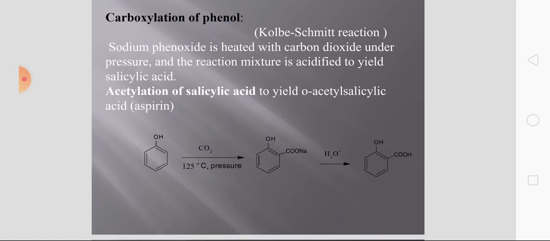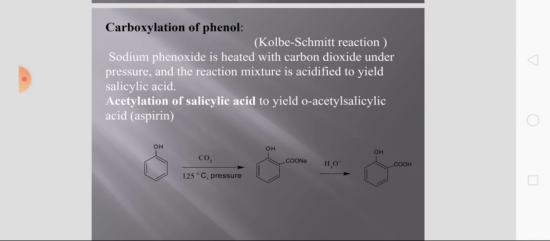Now comes carboxylation of phenol. This reaction is called the Kolbe-Schmitt reaction. Here, sodium phenoxide is heated with CO2 under pressure, then the reaction mixture is acidified to yield salicylic acid.